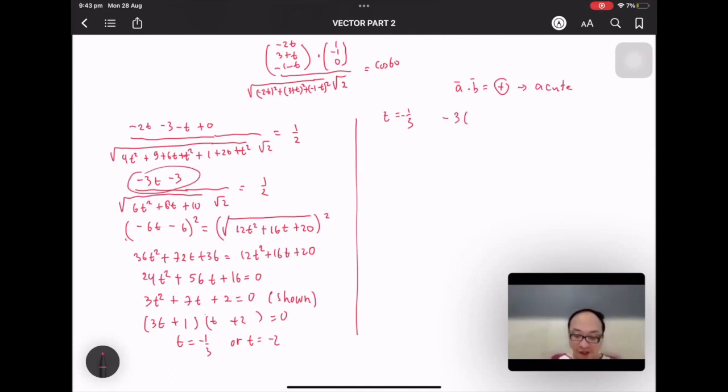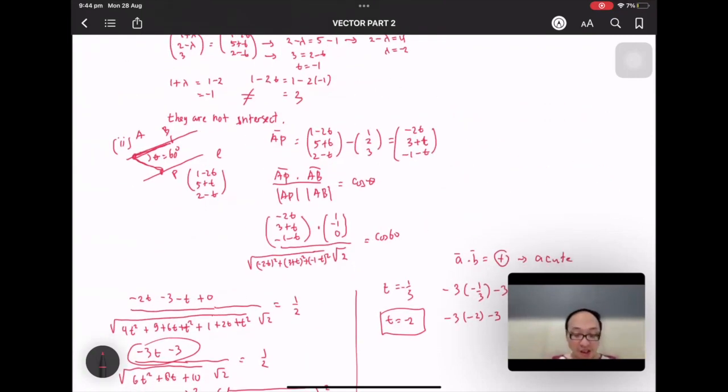Negative 3 times negative 1 over 3, minus 3, equals negative 2. So this will be an obtuse angle. For t equals negative 2, I have negative 3 times negative 2 minus 3. So 6 minus 3 is 3, positive. So this will be acute. So t of negative 2 is taken.